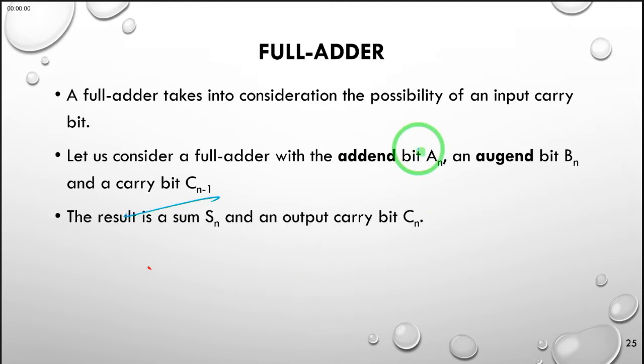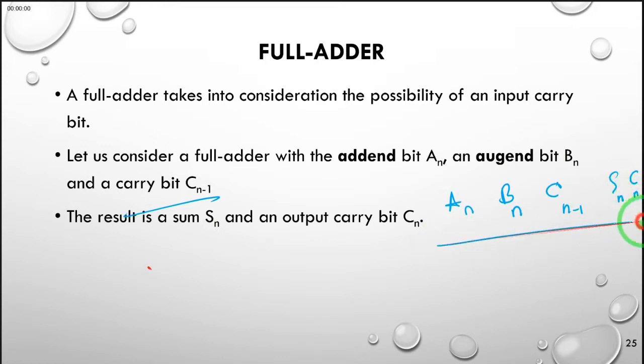The result of such an addition would be a sum Sn and an output carry Cn. So again, we are arranging it in this form, where we have input An, another input or addend Bn, we have Cn minus 1, we have our sum Sn and a carry Cn.